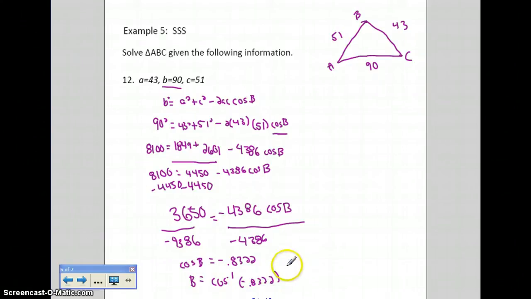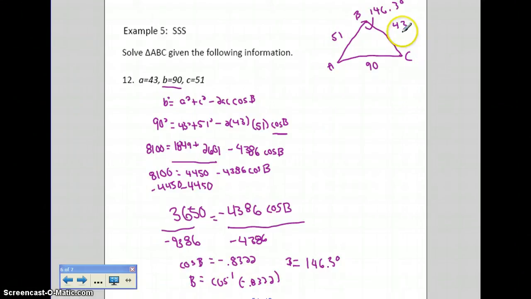And when you guys do that, you get angle B to equal 146.3 degrees. So I know that this angle is 146.3 degrees.